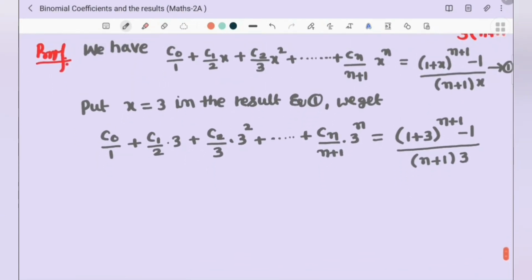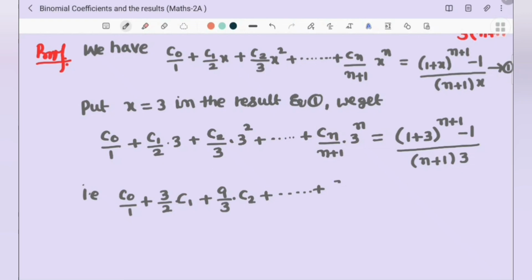So that is C0 by 1 plus 3 by 2 C1 plus 3 square means 9 by 3 into C2 plus and so on, 3 power n by n plus 1 into Cn. 3 plus 1 is 4 only, no?